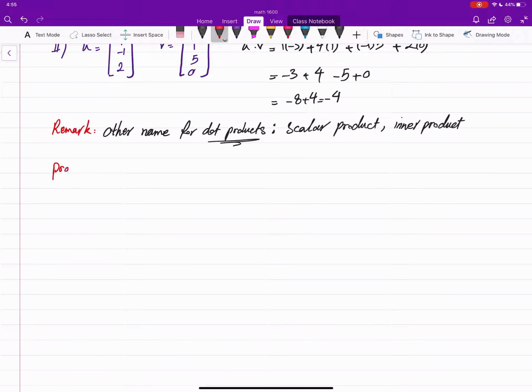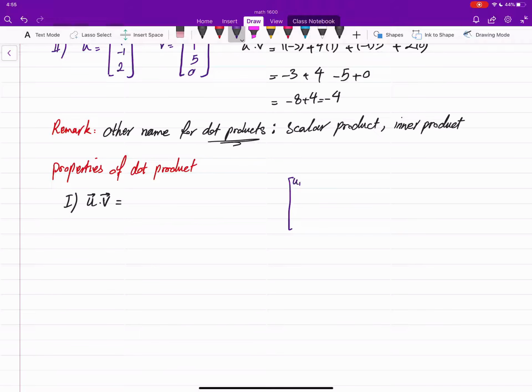Then how about the properties of dot product? The first property is that when you dot u to v, let me write it here.